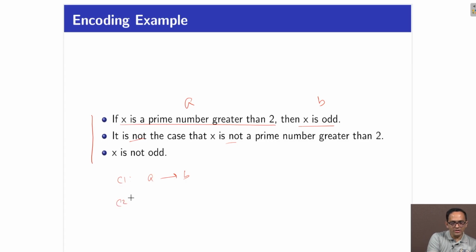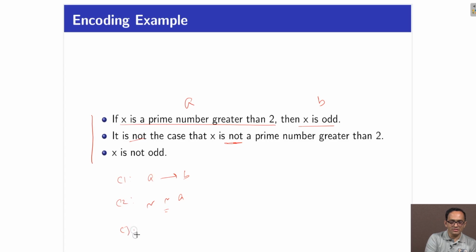The next one is quite easy. It is not the case that x is not a prime number greater than 2. So, I have x is a prime number greater than 2, which is a, and x is not a prime number greater than 2 is not a, and then this is not the case, so it is not not a, right.